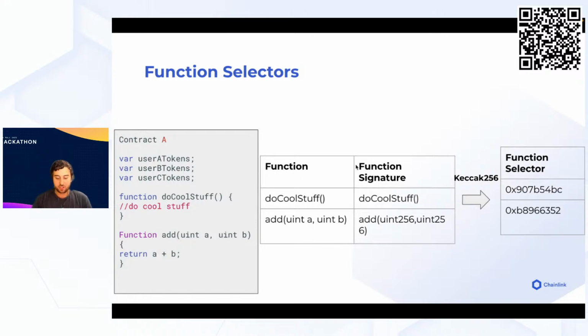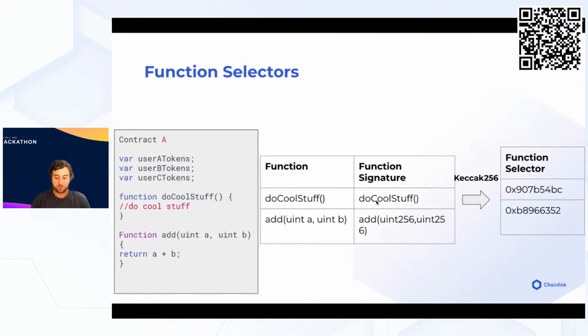And so the function signature can then be hashed. And in Ethereum world, the hashing algorithm that's often used is Keccak-256. After the function signature is hashed, we take the first 4 bytes out of that hash, and that gives us the function selector, right?